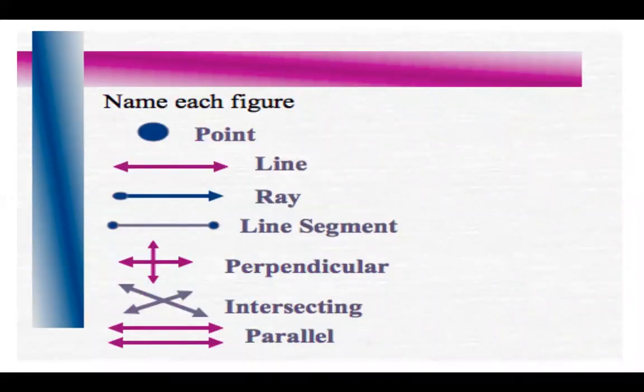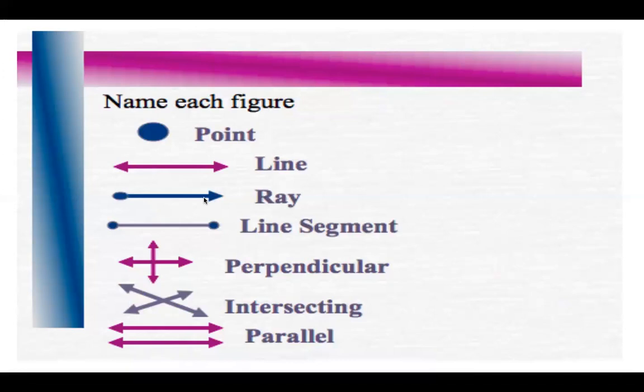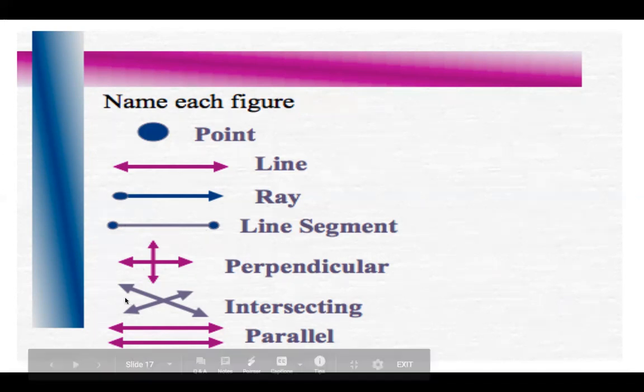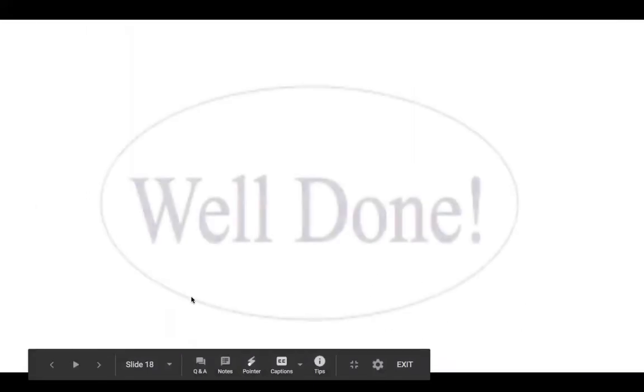So let's name each figure, and we went through it: point, line, which has to have an arrow on both sides. A ray has one arrow on one side and an endpoint on the other side. A line segment is between two points. Perpendicular, we just learned. Intersecting.